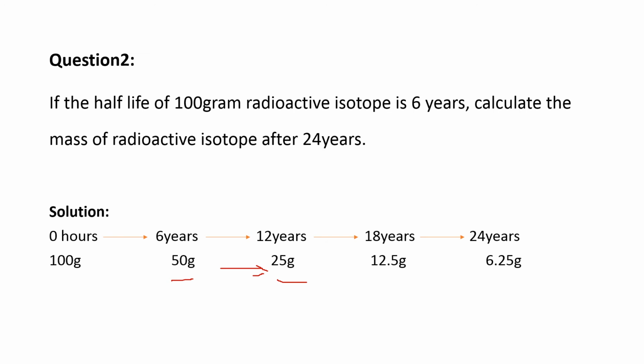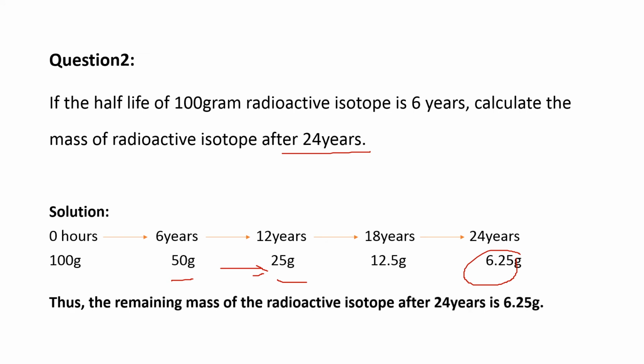You need to continue until 24 years, so the final one is 6.25 grams. Thus, the remaining mass of the radioactive isotope after 24 years is 6.25 grams.